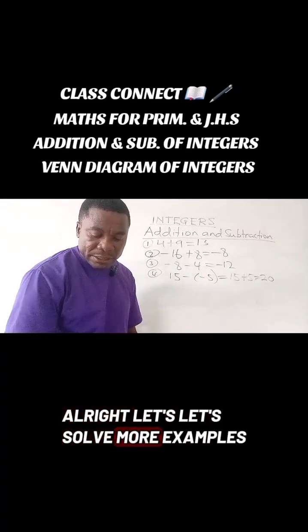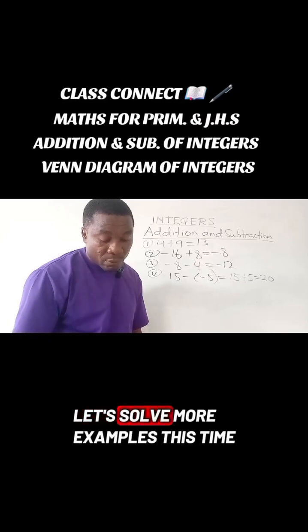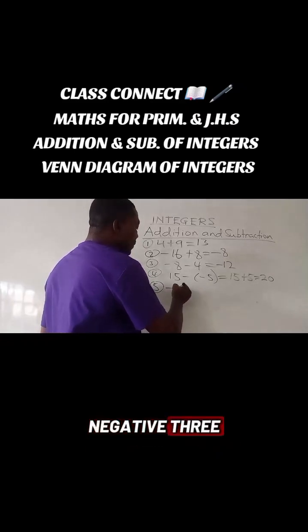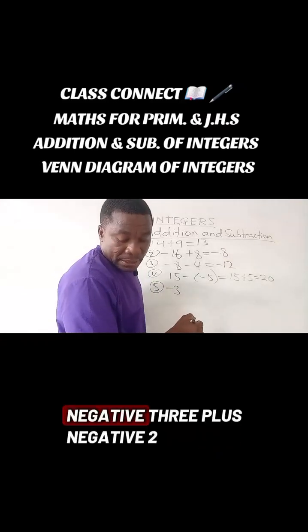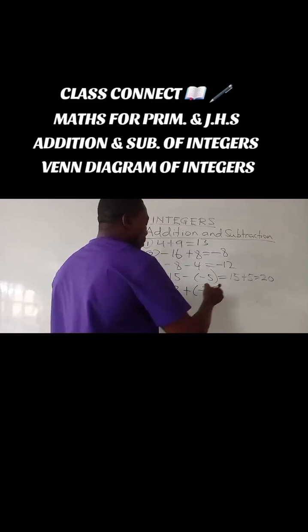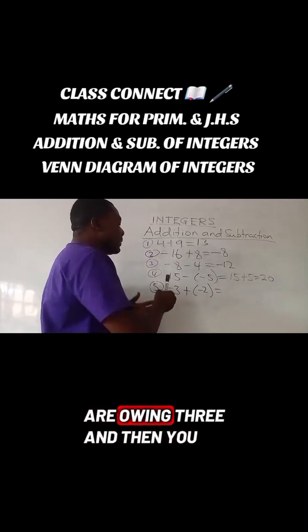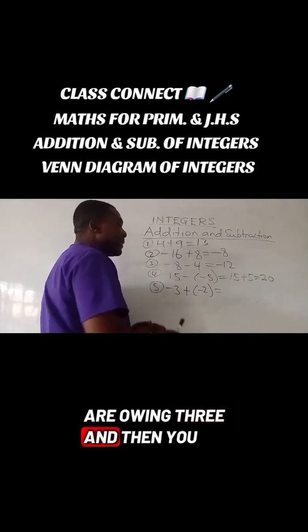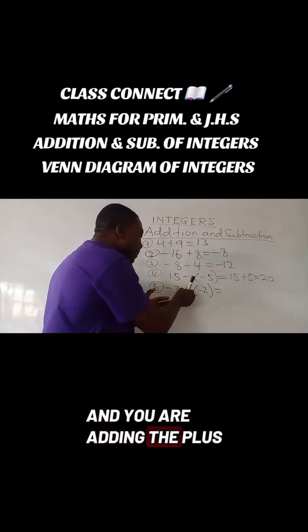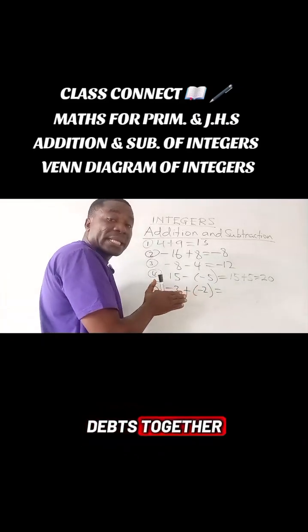Let's solve more examples. This time, negative 3 plus negative 2. What this means is that you are owing 3, and then you are also owing 2, and the plus means you are adding the two debts together.